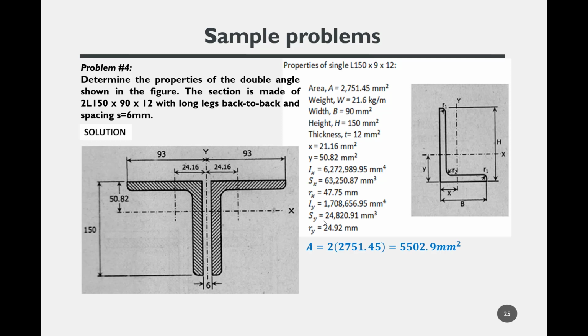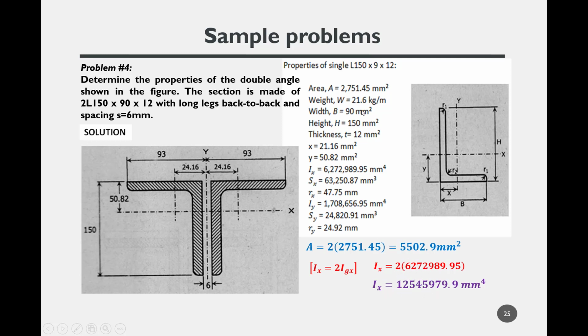So, ma-check natin yan. Value ng area, so 27. Kasi yung area na ginamit is 27. Eh, dalawa sila, di ba? So, we have 5,502. Sorry for the Ix. Actually, yung value ng Ix, di ba? So, makukuha mo yung value ng Ix.